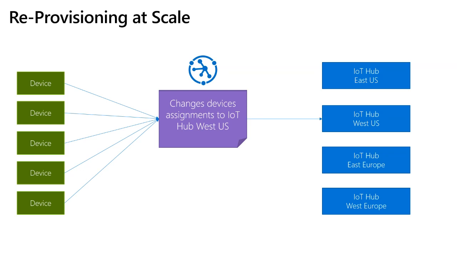That means all of your devices, without even changing the code, just by changing the assignment, can easily go into a new IoT Hub that maybe is new for the company, or other scenarios that might support that as well. Again, there's no need to change the device code, which is super powerful, especially if you have thousands of devices that you need to move and re-provision to a different location or a different IoT Hub.